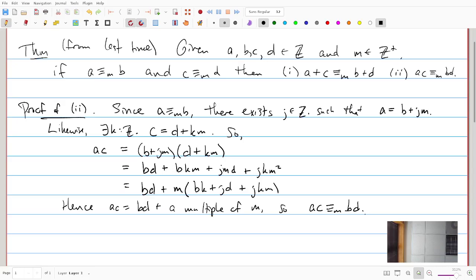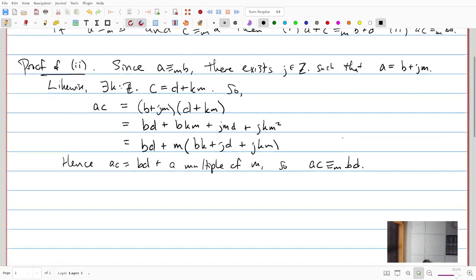So let's think what would go wrong if we tried to do a similar proof for division. If I wanted to say, if A is equivalent to B and C is equivalent to D, then A divided by C is equivalent to B divided by D. I could start the same way, and I'd say, A equals B plus JM, C equals D plus KM. Then I'd say A divided by C is B plus JM divided by D plus KM. But then I would be kind of stuck. That wouldn't be B divided by D plus anything.